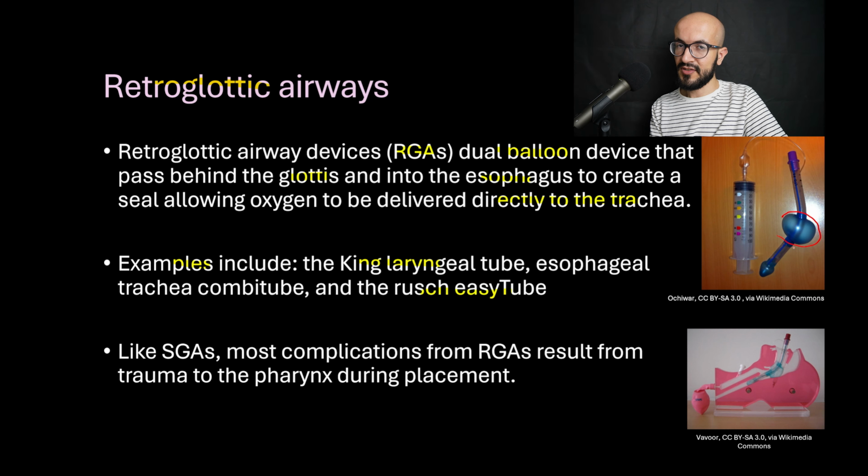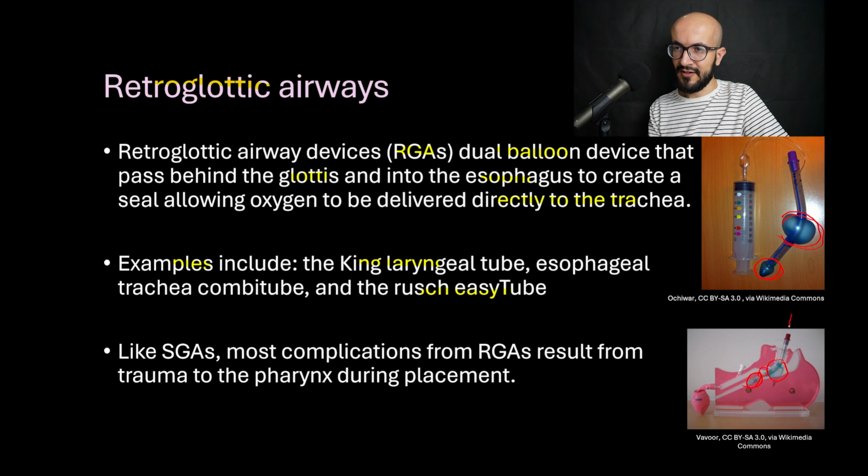So the idea of the retroglottic devices is that you have two balloons, like you can see in the King laryngeal tube here. So two balloons, and when inserting the King laryngeal tube into the patient's airway, the first balloon would go into the esophagus, like you can see here, and it would inflate to prevent the air from going to the esophagus, and the other balloon inflates just above the glottis here, so it inflates here, preventing the air from going up.